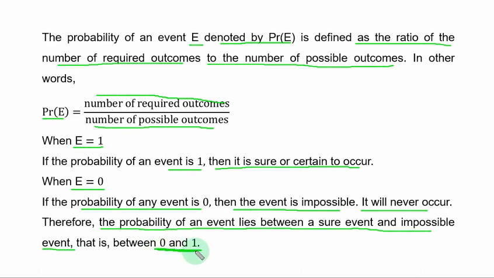What this means is that in the study of probability, any answer you obtain can be 0, it can be 1, it can be in between 0 and 1. So there are no negative results in probability, and no result above 1.